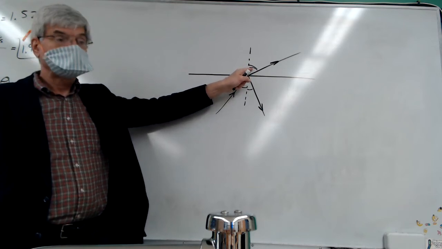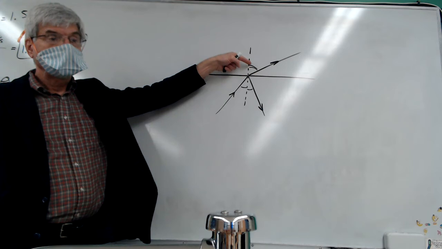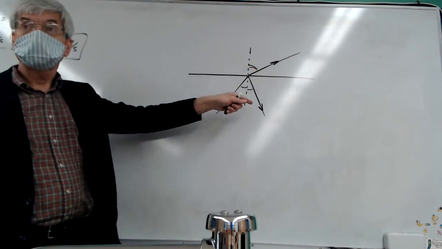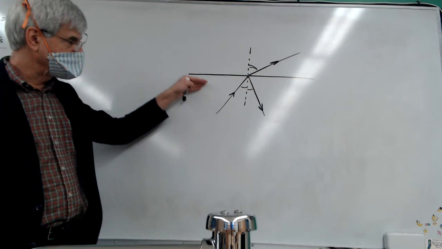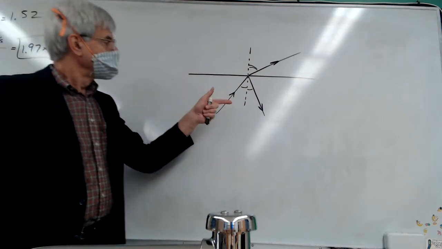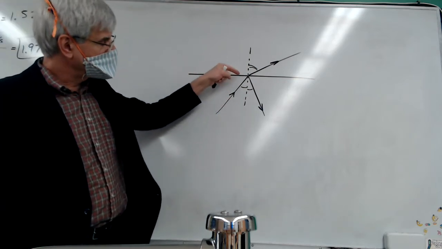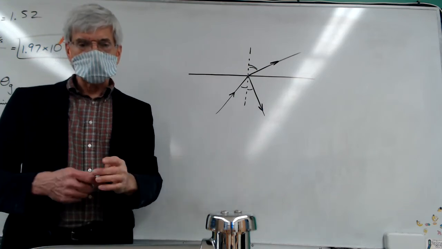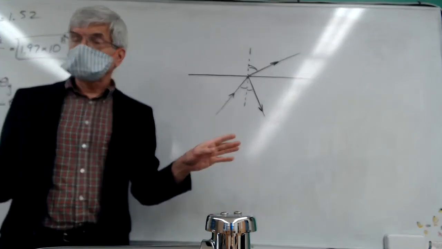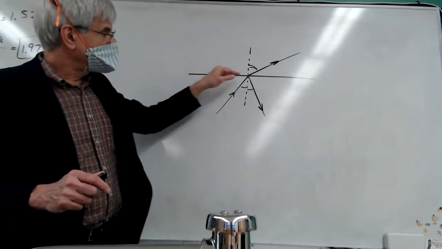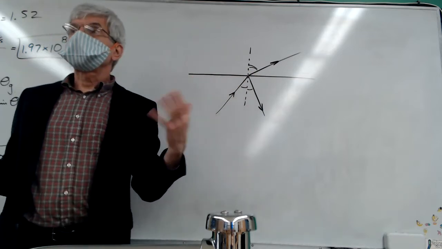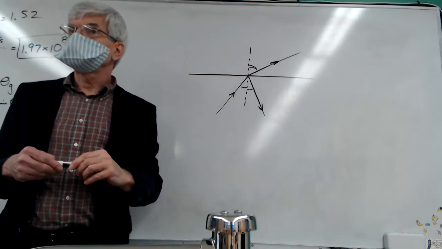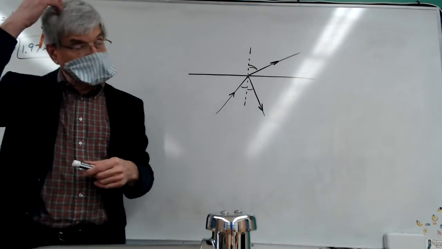And once that reaches 90 degrees, you no longer have a refracted beam. There is nowhere for the light's energy to go beyond that so-called critical angle. There's no way for the light's energy to go except to reflect back into the water. Beyond this critical angle, the surface of the water becomes a perfect mirror. All of the light has to reflect off of it. There's no way for any of it to escape into the air.